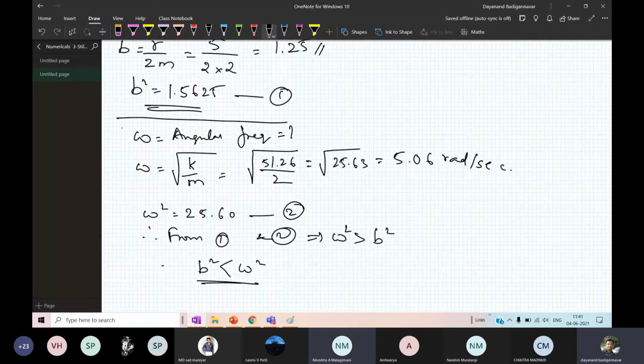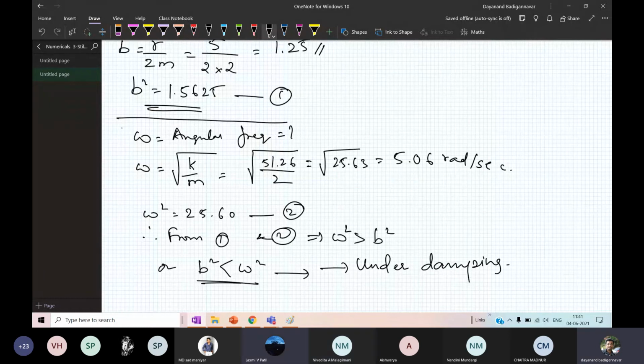So this is nothing but, over damping, under damping, or critical damping? Under damping, sir. Under damping. That means they are decaying in under damped form.